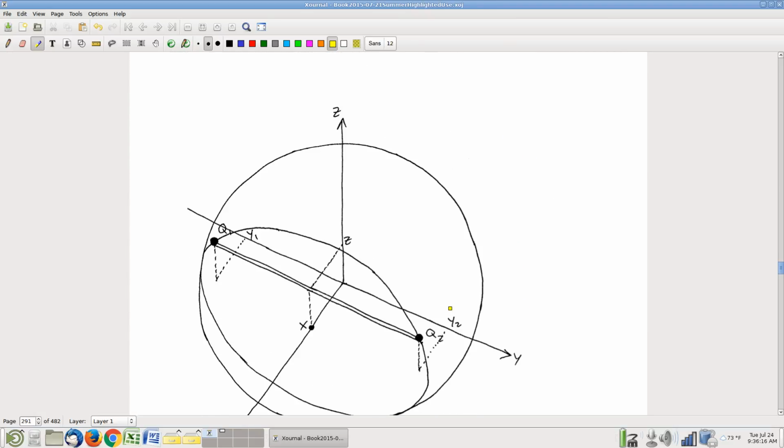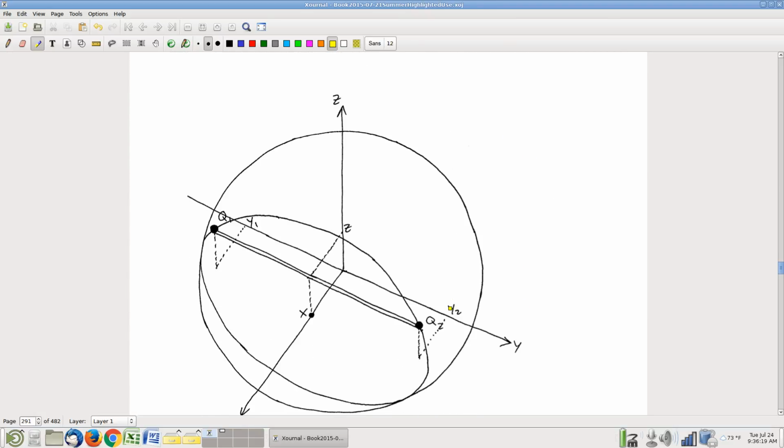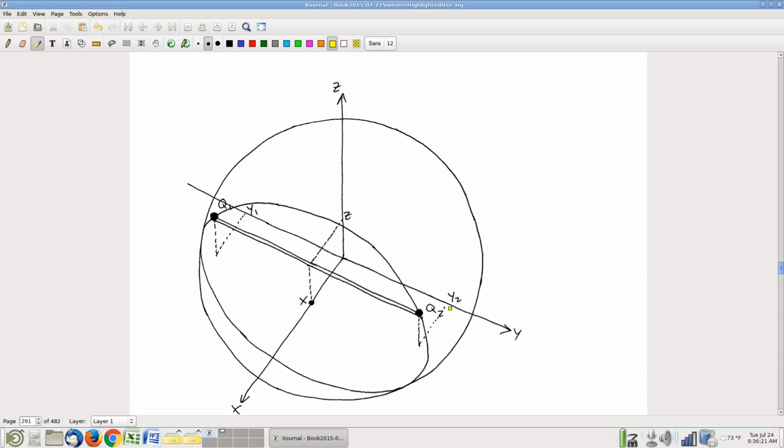I have a better picture already drawn here, so let's look at this point. So x is fixed, z is fixed. We know x. We know z. We're looking now at that point. What's its y coordinate? That point. What's its y coordinate?